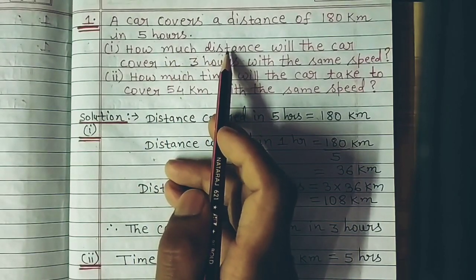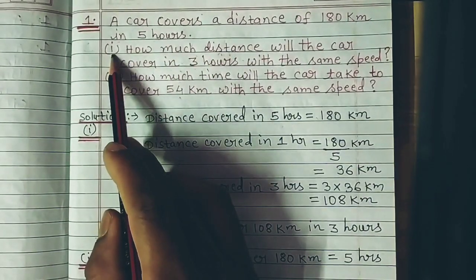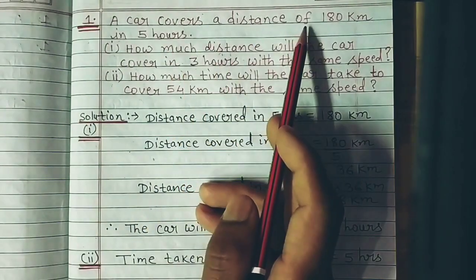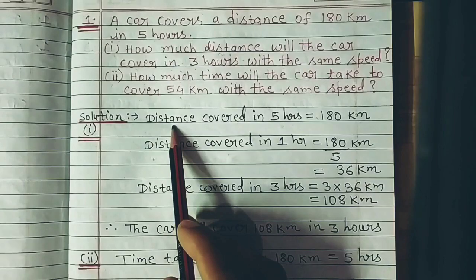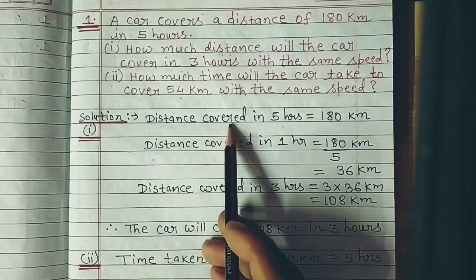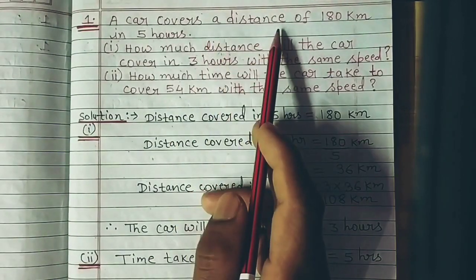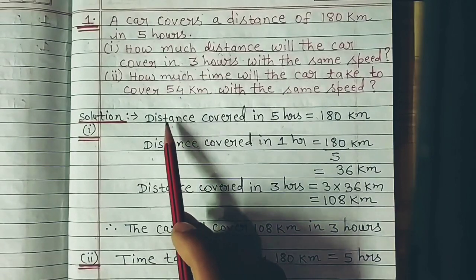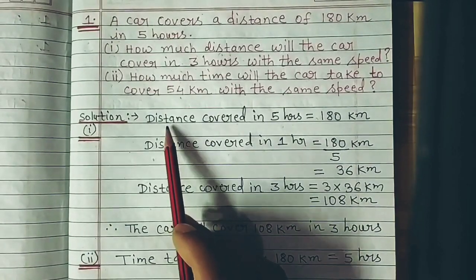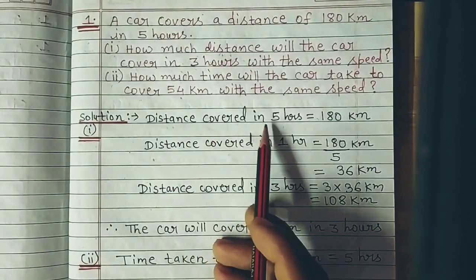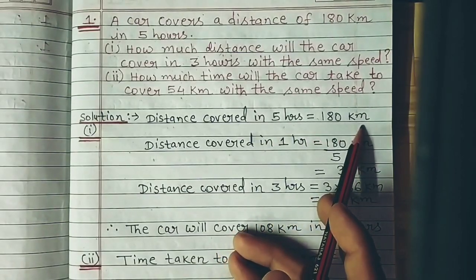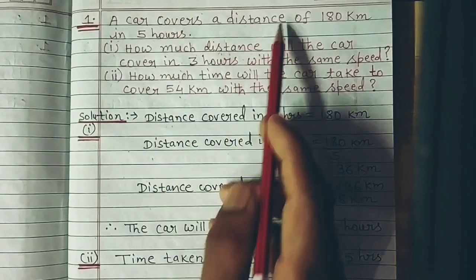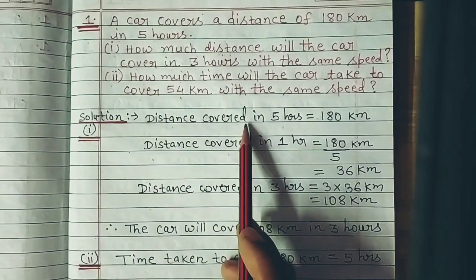Clear? So for question number 1, we are going to write this main statement here, but we are going to start it from the word distance. So distance covered in 5 hours equal to 180 km. The same statement I have written here like this.